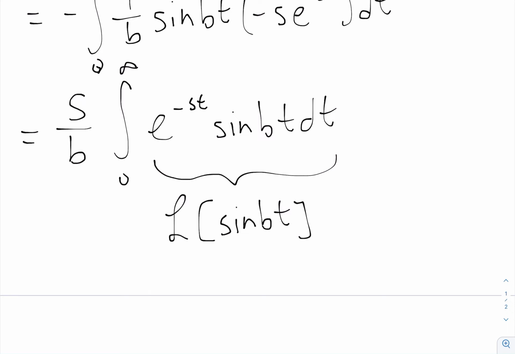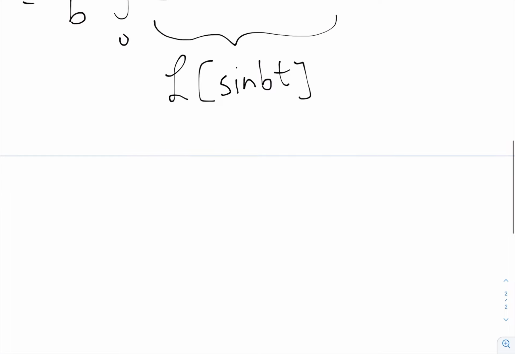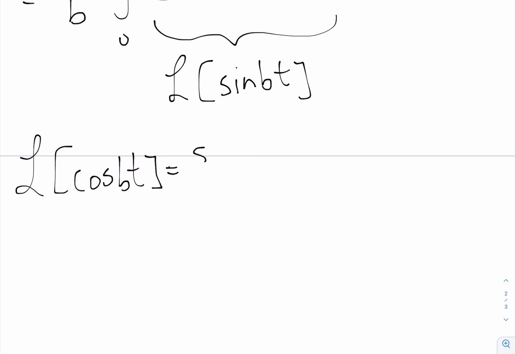Now we can generalize this. If we took the Laplace transform of cosine bt, this would be s over b, like we just found, times the integral from 0 to infinity of e to the negative st sine bt dt.